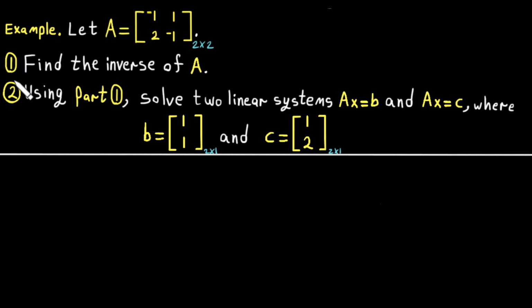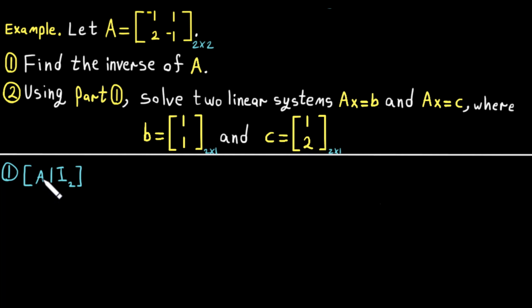Now let's solve number 1. We have to put A and here the identity matrix with the same size as A, which is here 2 by 2. So we wrote A here as an augmented matrix with identity of size 2 by 2. We want to do RREF to the left side.